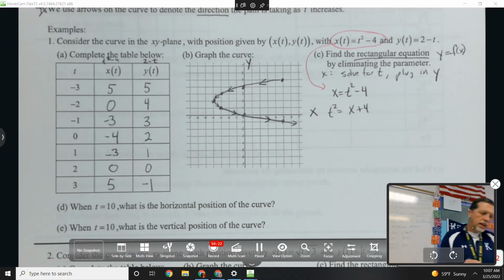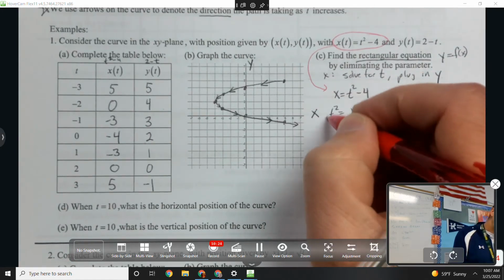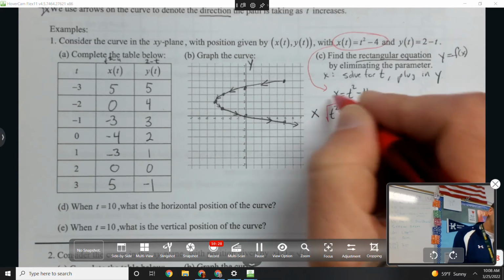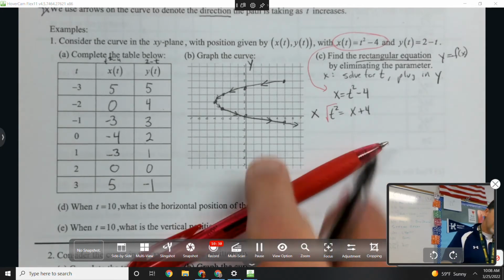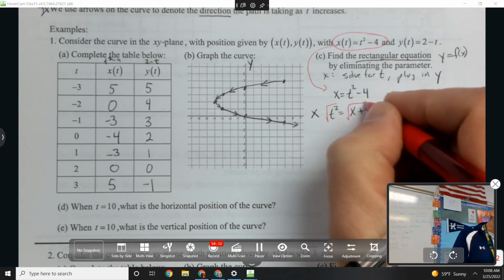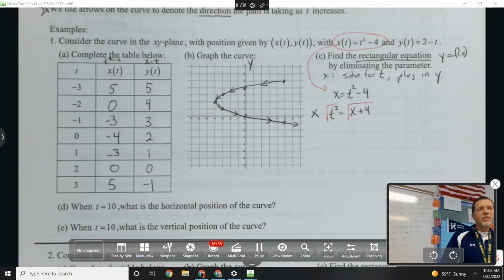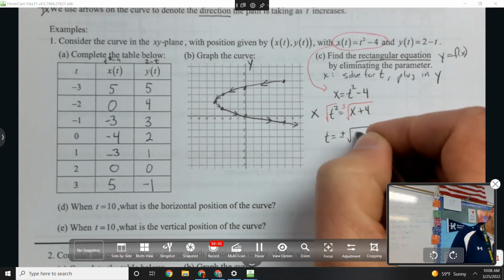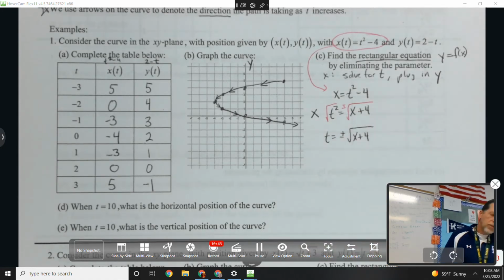Square root both sides. What do you need to remember to do when you put the square roots on there? Plus or minus. So t equals plus or minus the square root of x plus 4.